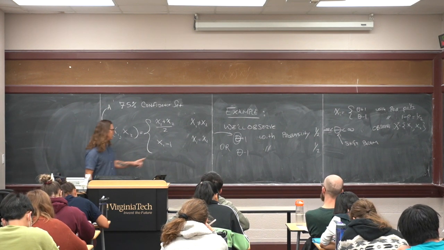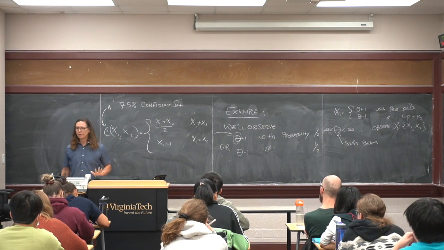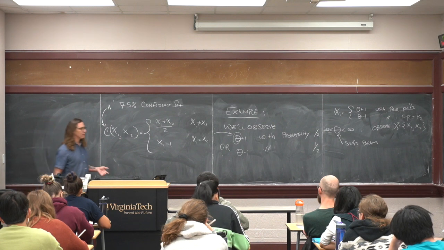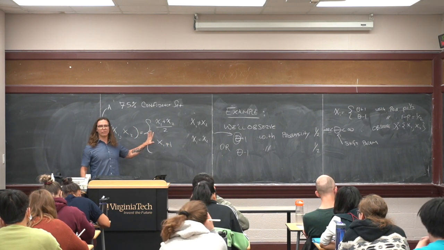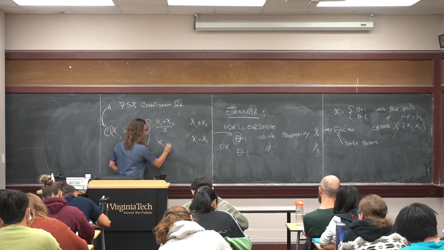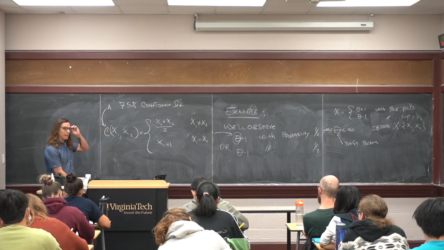You might be thinking, why didn't I take x1 plus 1? And I could have done that too. And it also would have been a 75% coverage set. So if I had replaced this with that, that's also 75%. They're both 75%. Let's figure this out real quick. It's just a little bit of arithmetic.